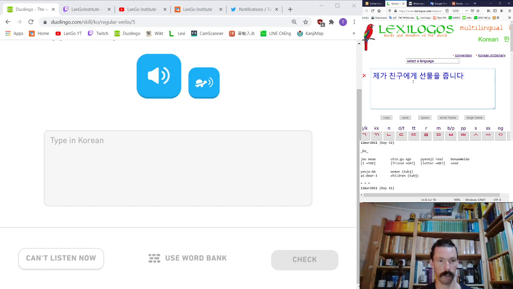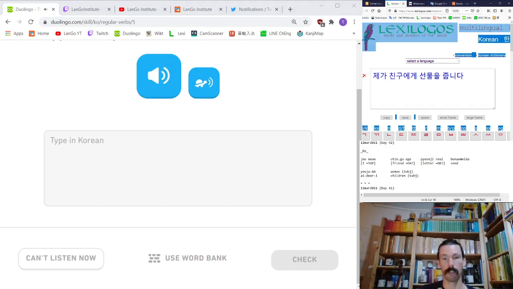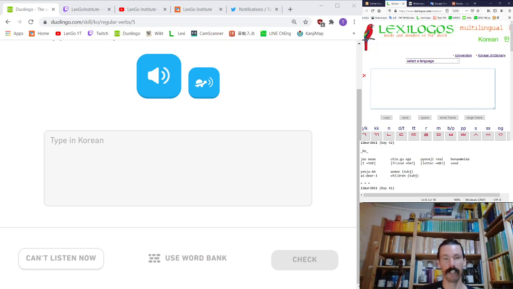Just the basic consonant of Hangul, which as a B at the beginning of a syllable sounds like a P at the end, or just devoices. 제가 친구에게 선물을 줍니다. I give a gift to the friend.